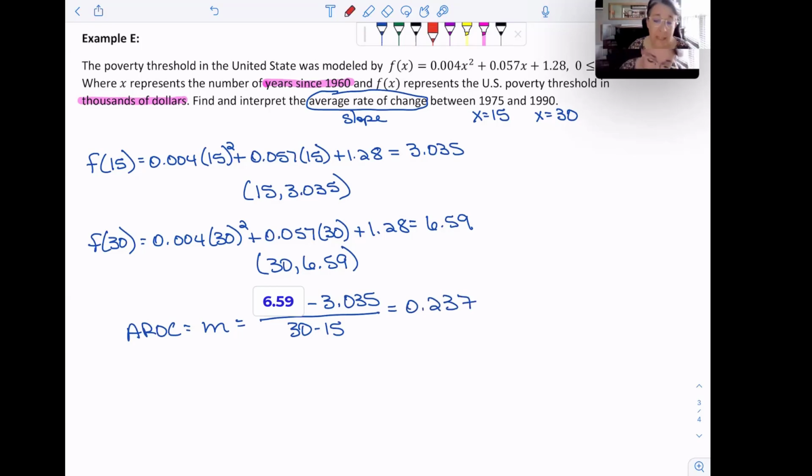When you are interpreting these, it is good to realize what the units are in that fraction that we just did for the slope. The top was our y values, so that was in thousands of dollars. And the bottom is in years, 30 years after 1960, 15 years after 1960. So those two units are going to come in handy when we go to interpret what this means.